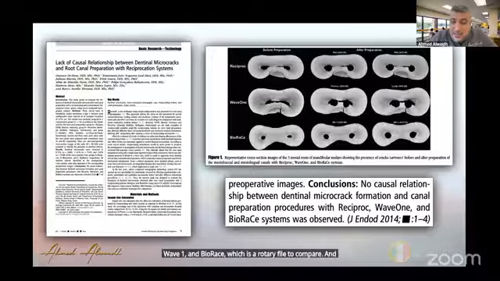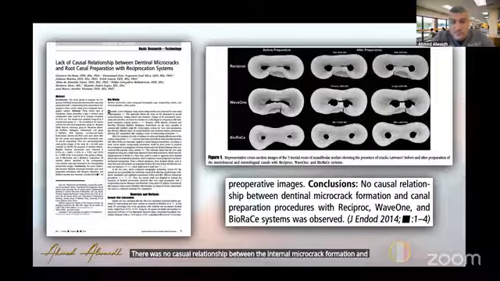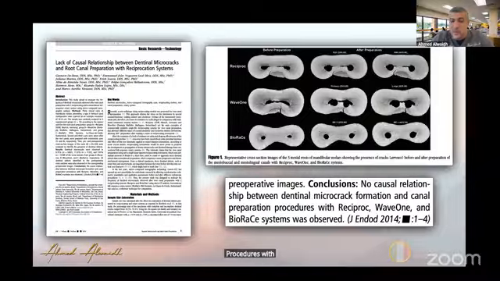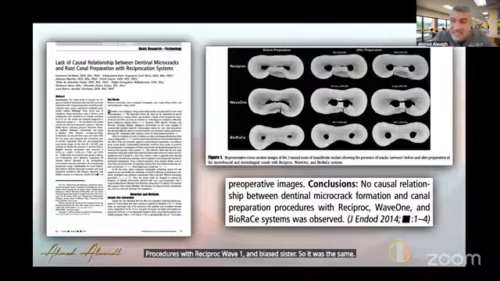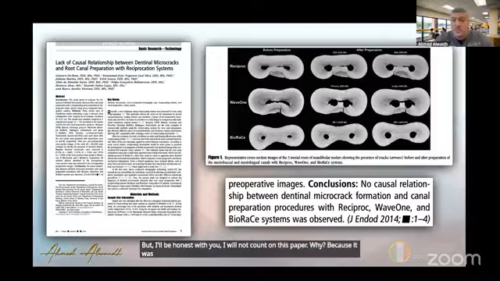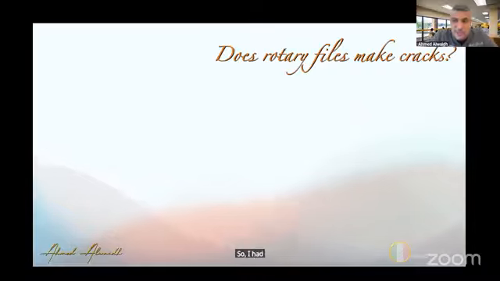And in this study, there was no causal relationship between dentinal microcrack formation and canal preparation procedures with Reciproc, Wave One, and BioRace system. So it was the same. But I'll be honest with you, I will not count on this paper. Why? Because it was published by key opinion leaders of VDW. So I had to do my research.